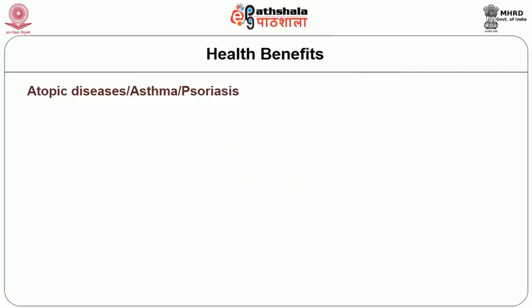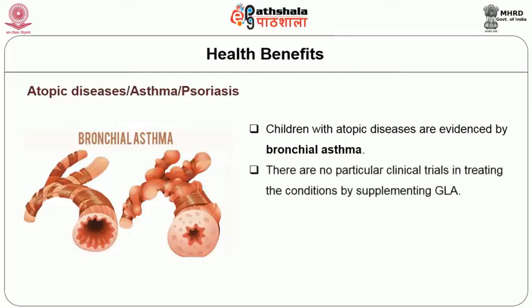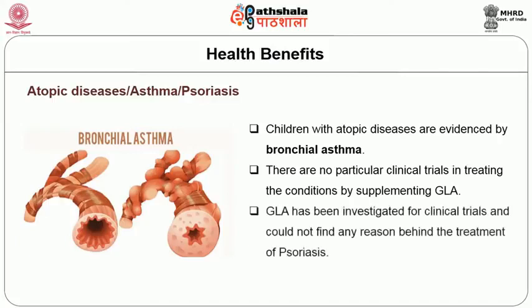In later life, children with atopic diseases are affected by bronchial asthma. However, there are no particular clinical trials treating these conditions by supplementing gamma-linolenic acid. So this is an area that could be researched. Gamma-linolenic acid has been investigated in clinical trials, but no reason was found for its use in the treatment of psoriasis.